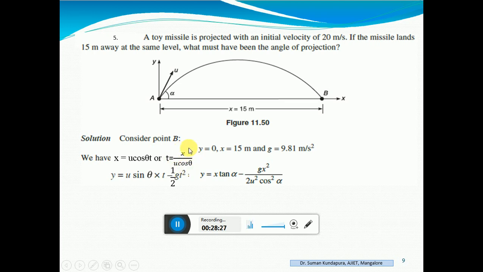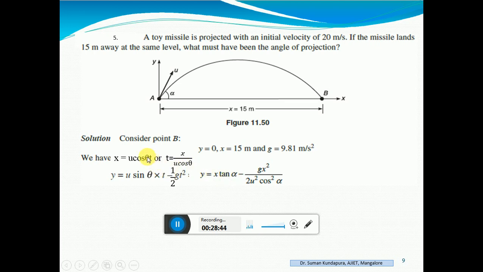Substitute this term in our y equation; this is 0 anyhow, u sin theta into x divided by u cos theta, u gets cancelled, sin theta by cos theta becomes tan theta.